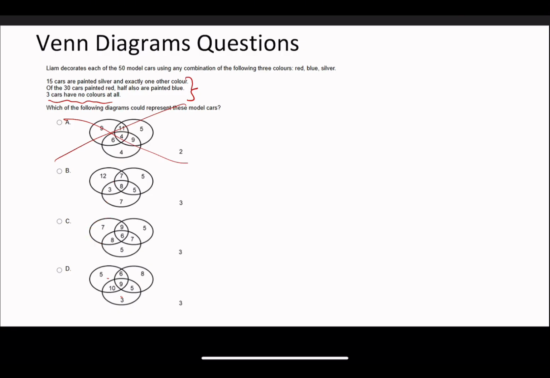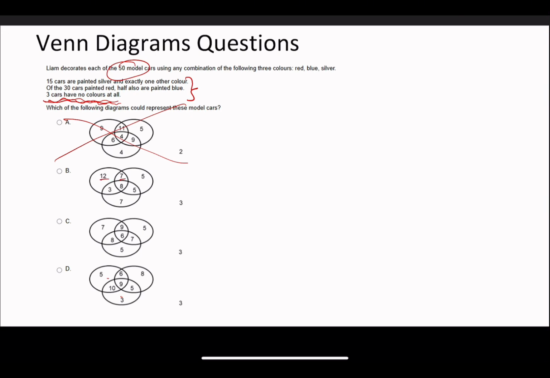And just on that note as well, sometimes another thing to consider is the number. I've only just remembered this as I was doing the question. It says decorates each of the 50 model cars. So it depends on how easily you find mental maths, but it's always worthwhile to do that check. So actually, in reality, I would have done this one first, and then I probably would have done the 50. So I can do this quite fast.